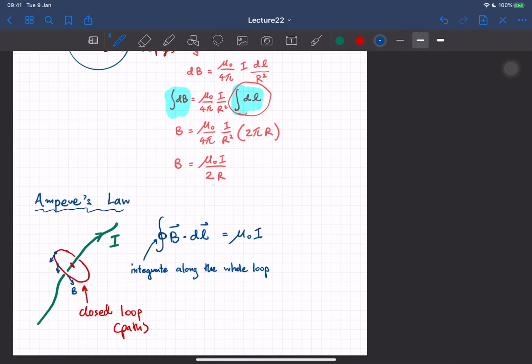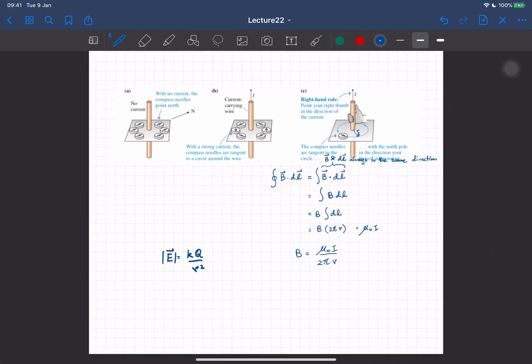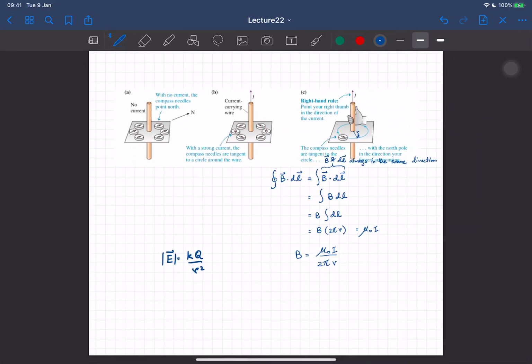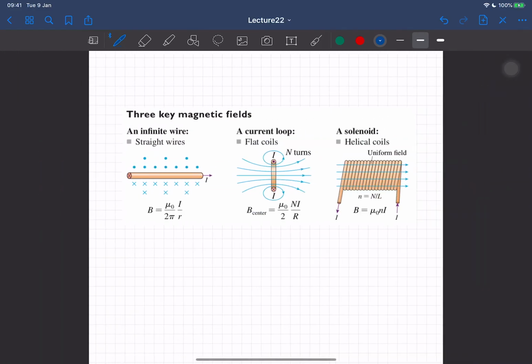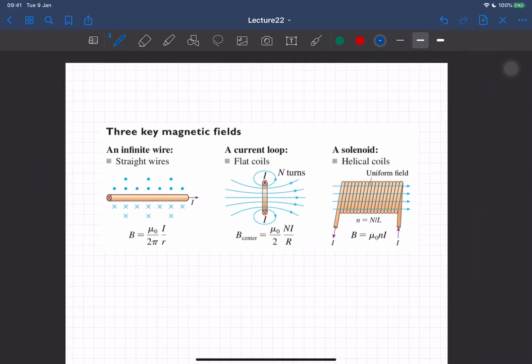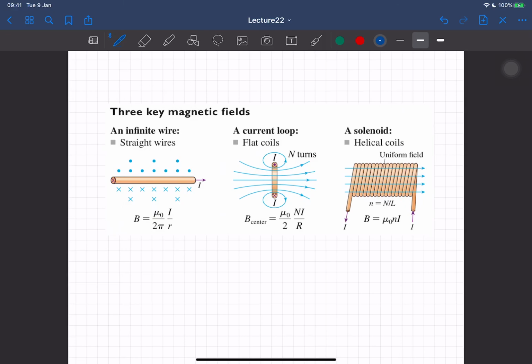All right. The last topic we're gonna talk about is actually an important application of Ampere's law, and we're gonna talk about the magnetic field from a solenoid. But first, let me talk about some other things.